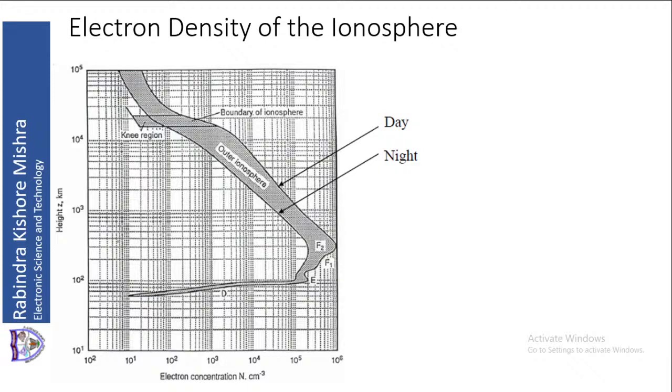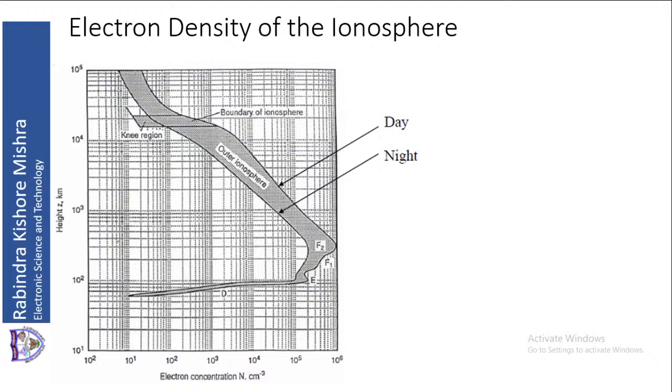Those two parts merge together, giving us one layer in the night, which is called the F layer. Now if you look at the top, you can see a region which is bent like a knee. That is called the knee region. In this region, the difference between the day and night boundaries of the ionosphere is the maximum, at about the maximum height.